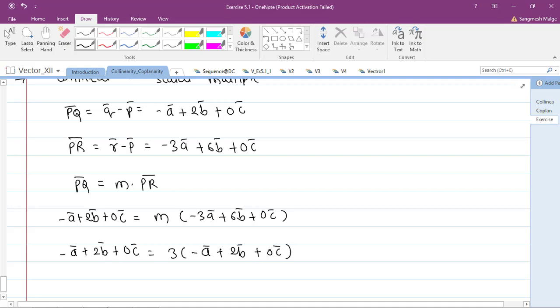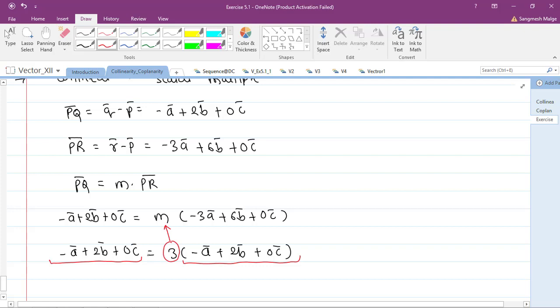See here, the LHS is equal to RHS. This vector is equal to this vector. Okay, means this becomes my scalar quantity.